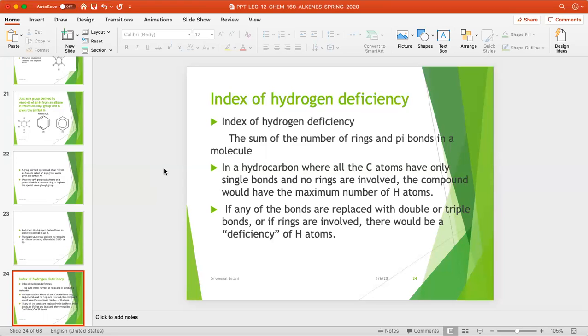If you are writing as I'm speaking, you will see that in CnH2n plus 2, for example, if I put C6, the hydrogens will be 2 into 6 plus 2, so the total hydrogens are 14.